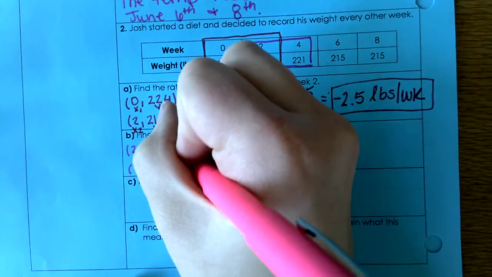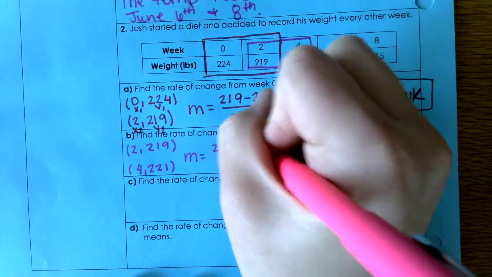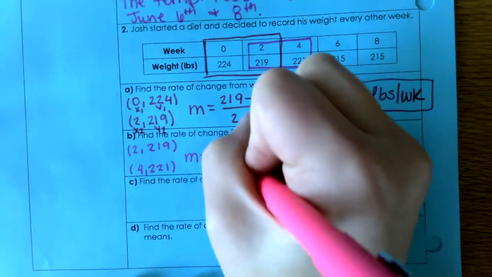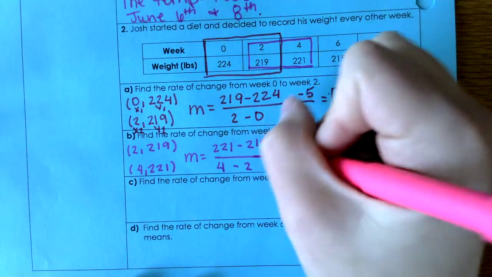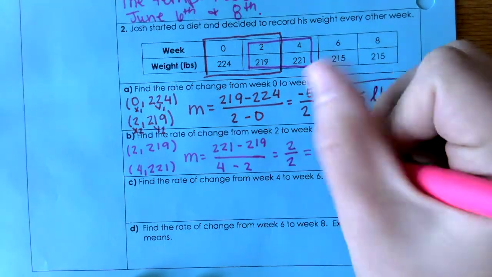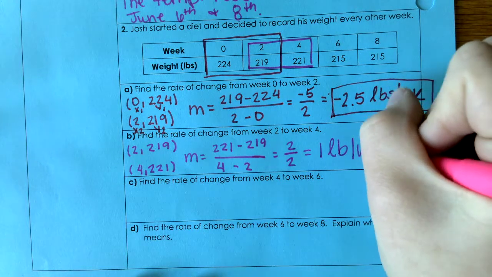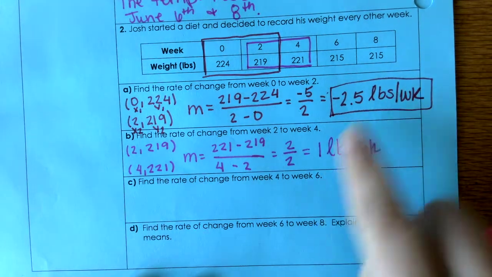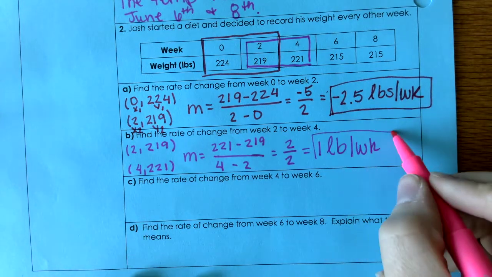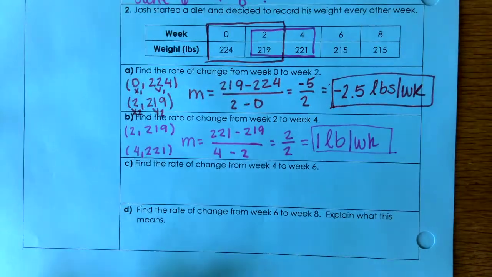Go through, m equals 221 minus 219 over 4 minus 2. So you should have gotten 2 over 2, which simplifies to 1, so it would be 1 pound per week. Since this one was positive and the last one was negative, that was when he was losing weight. Now between weeks 2 and 4, he gained a pound each week. Okay?